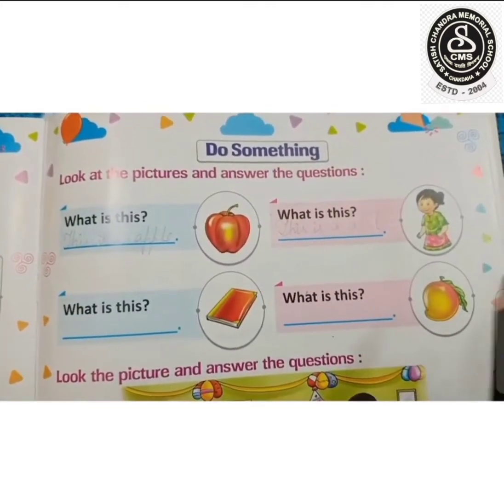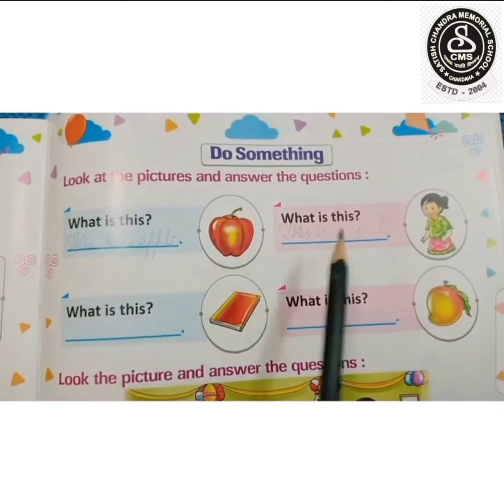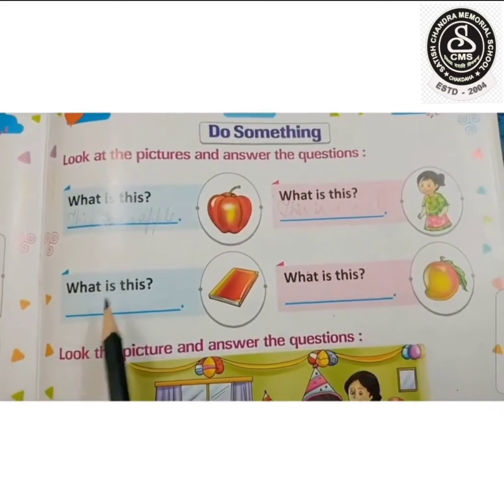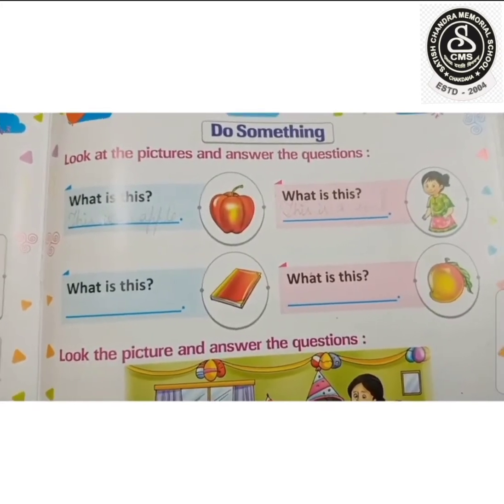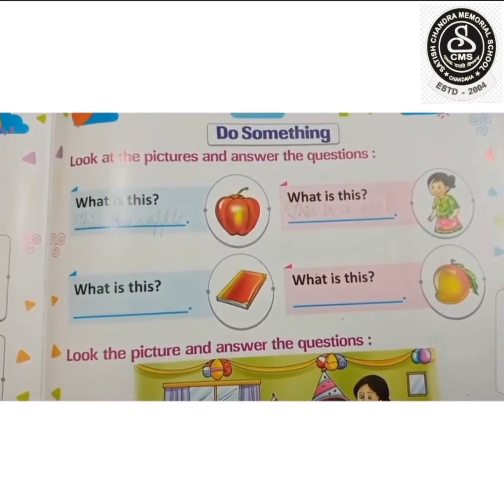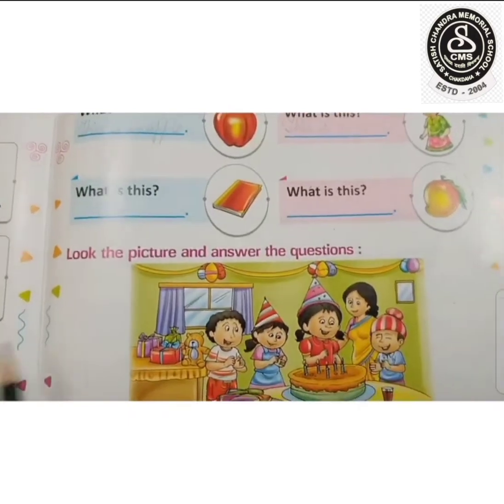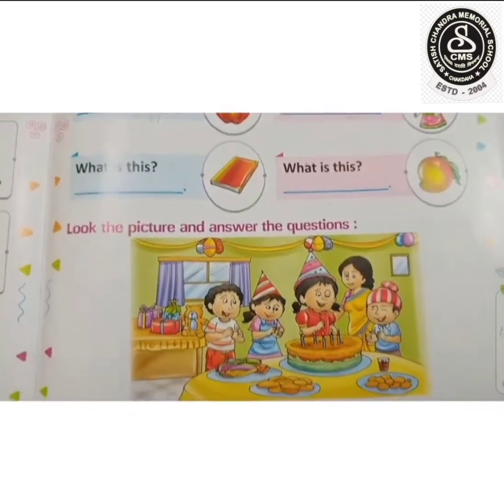Now I have done these first two questions for you. Next two questions. I hope that you all are very smart and you all can do it very nicely, right? Now children, let us do the next one.